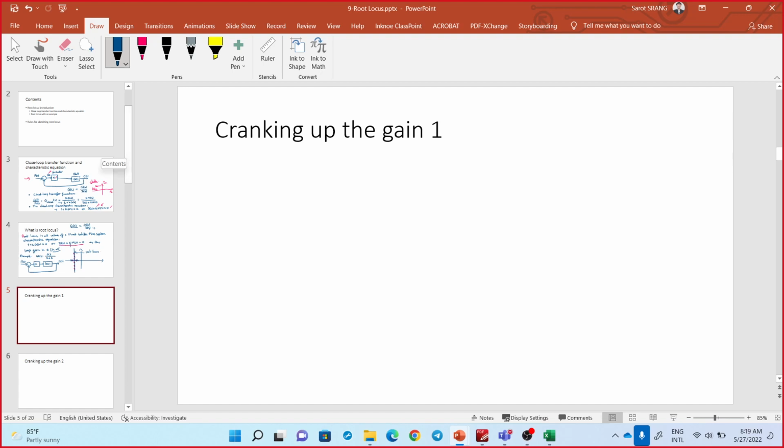We have closed loop transfer function g close equal to k g of s over 1 plus k g of s, and this one is actually the ratio between the output and the reference, right?